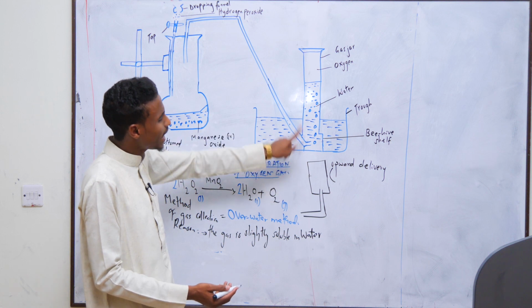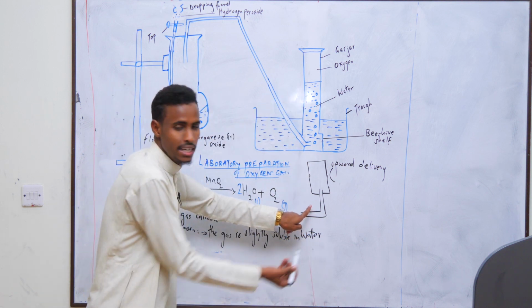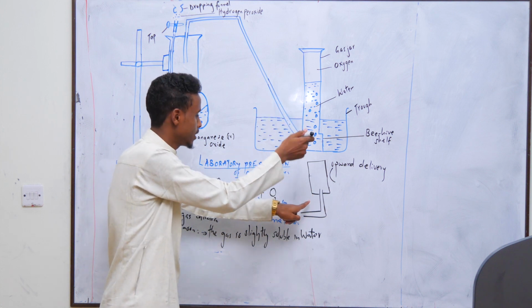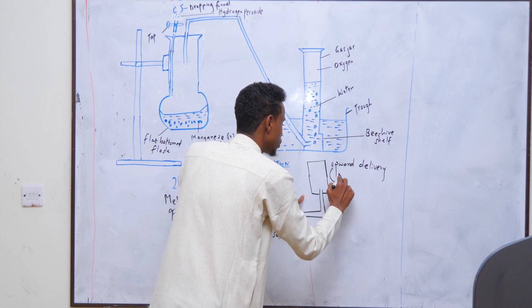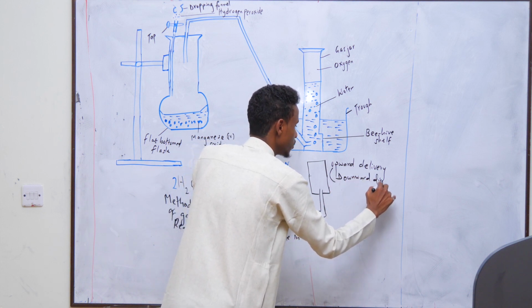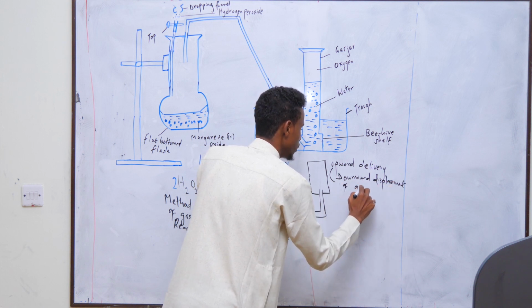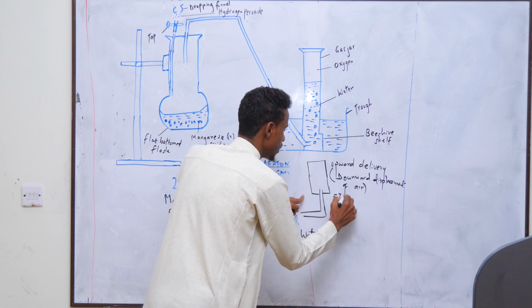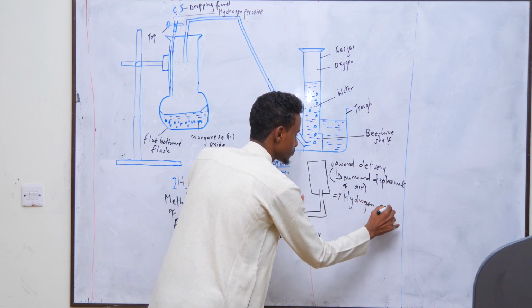Now, the air is displaced downwards. The gas is delivered upwards and the air is displaced downwards. Therefore, you can call it downward displacement of air. Example, hydrogen gas.